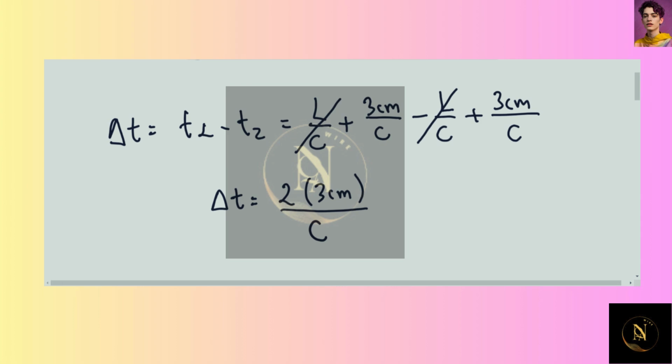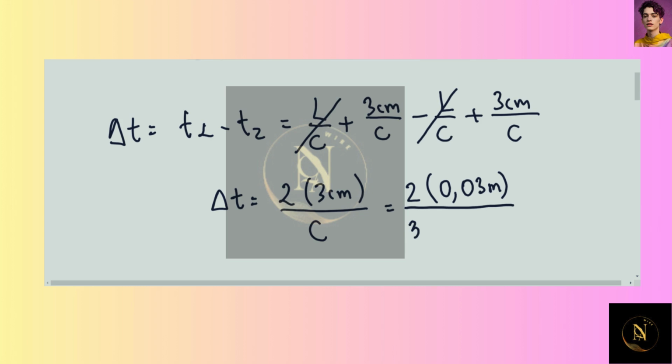Now, we just simply need to plug in these two values. So we need to transform centimeters into meters. We know that 3 centimeters, we just divide that by 100, and so we obtain 0.06 meters over the speed of light.